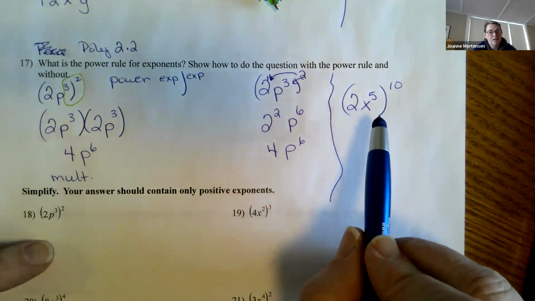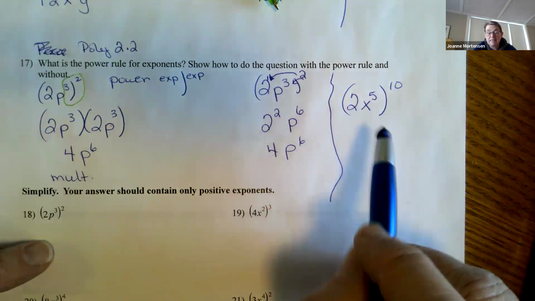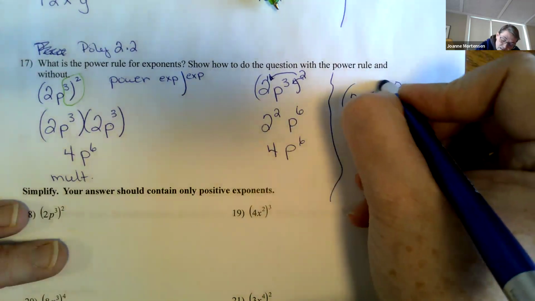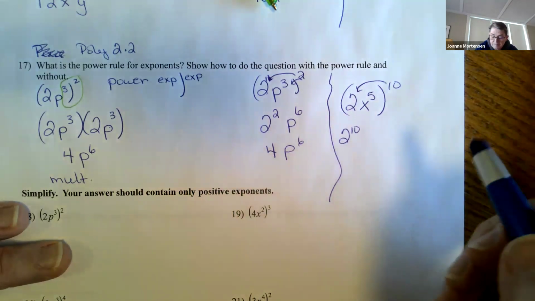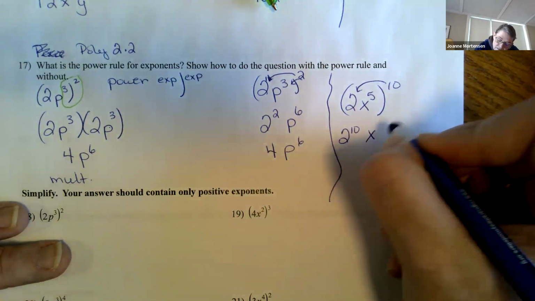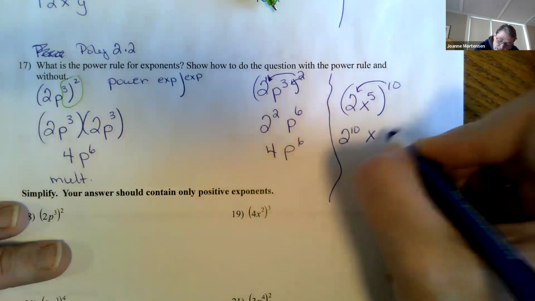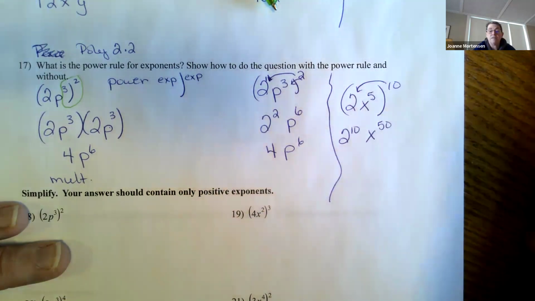Come on, yell at the video for me. Yeah, I'd have to write it out 10 times. I'm kind of lazy. So this would be 2 to the 10 and x^5 times 10 is x^50.